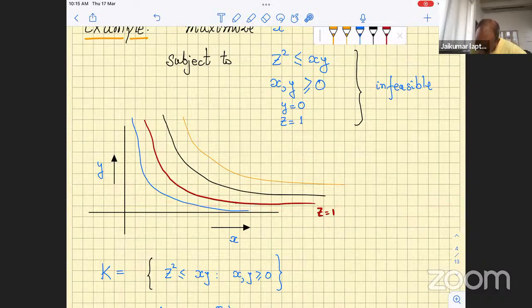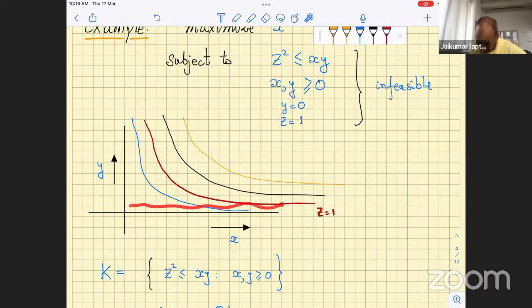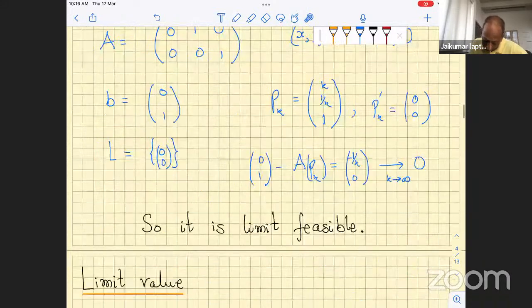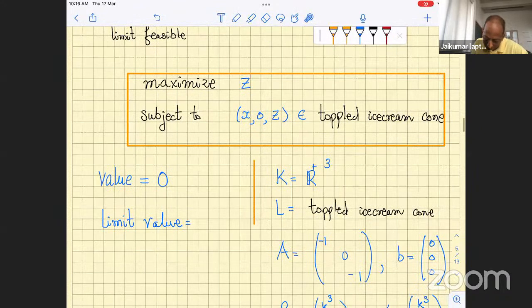If I do it at the right rate, I will be able to touch all these hyperbolas. That means as I move along that line, I will hit arbitrarily large values of z. So what do you think is the limit value of this cone program?